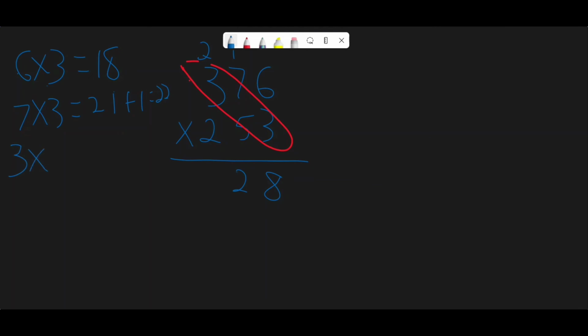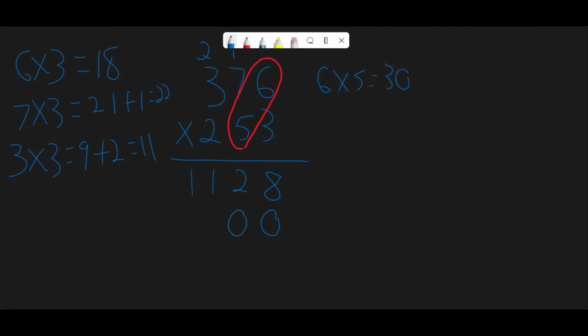And then 3 times 3 equals 9, plus the 2 equals 11. So now we're going to place the 0. We got 6 times 5, which equals 30. So we got another 0 comes down here from there. Then I'm just going to erase these so we don't get confused. Take this 3, put it up there.